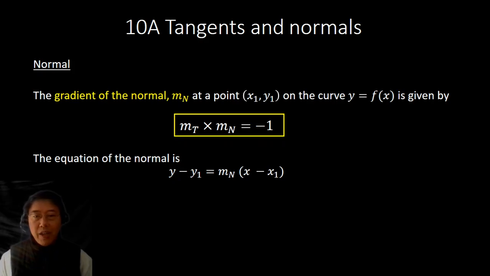The product of the gradients is equal to -1. By transposing and making m_n the subject, we can determine its value, and then to determine the equation of that straight line, we just apply the equation by substituting x1, y1 and the gradient.